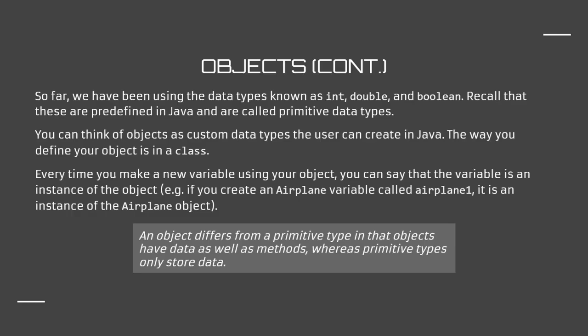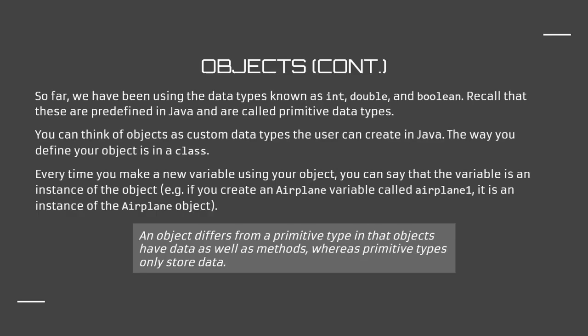So far, we have been using the data types known as int, double, boolean, and string, among others. Recall that these are predefined in Java and are called primitive data types, except for the string. You can think of objects as custom data types that the user can create in Java. The way you define your object is in a class.